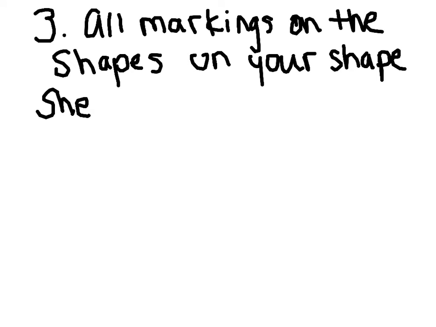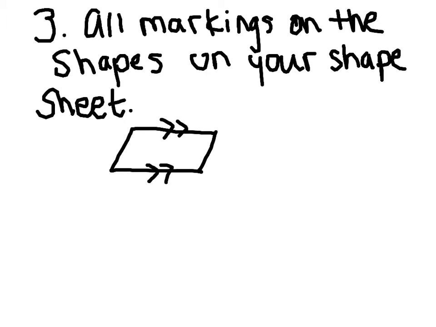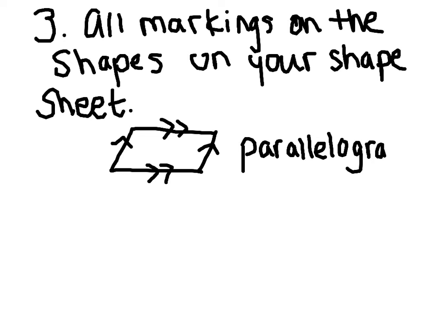Okay, and the reason that I'm saying that you do that is, for instance, if I gave you a shape that looks like this, and I see that I've got my parallel markings, I would automatically assume that this is a parallelogram. If you don't have these markings on your paper, it's going to be very difficult for you to know because I'm just giving you a picture with that information. Okay? Be very diligent about looking at the information when you're doing it. Okay? So that's one really, if you have your notes for your shape sheet, you'll be fine for that.